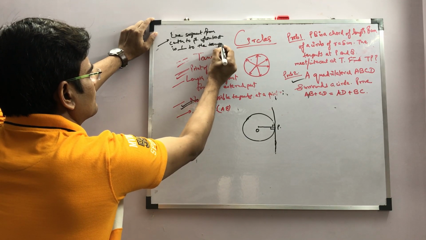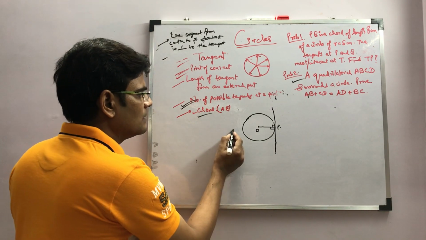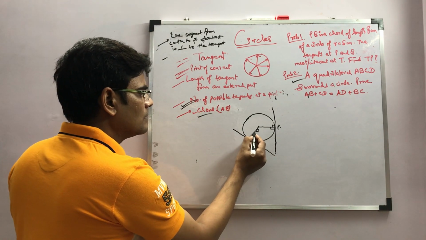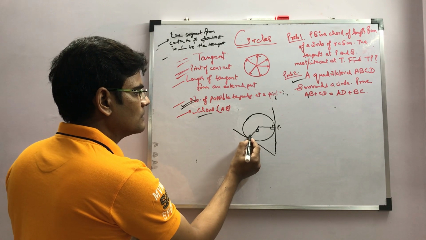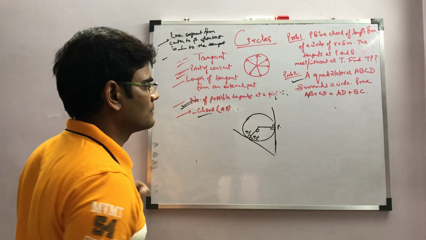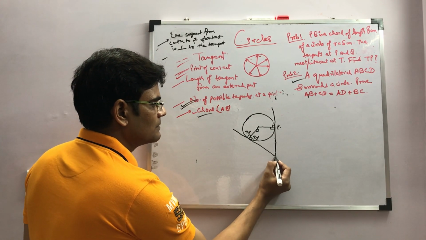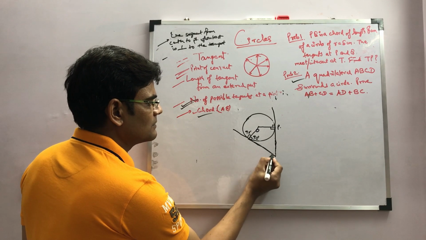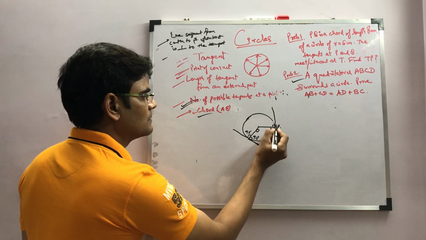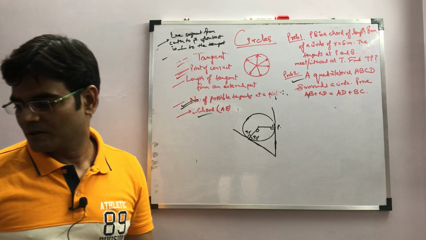I forgot to write this. This is also one of the applications. So any tangent you draw, you touch this line, this is perpendicular, 90 degree. Understood? And this length is equal to this length, you know that. So now let's resolve some problems, a couple of problems.